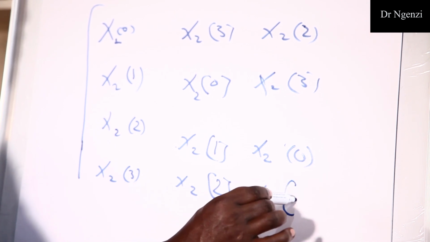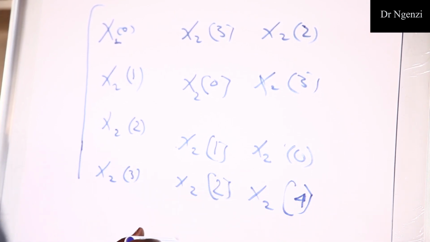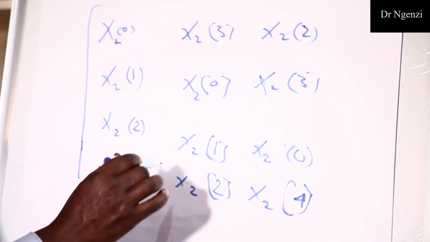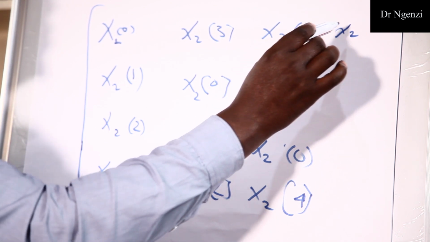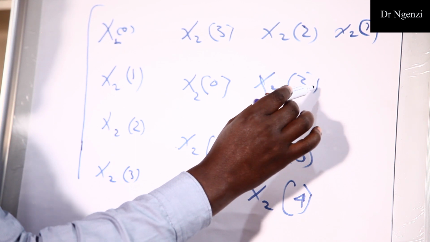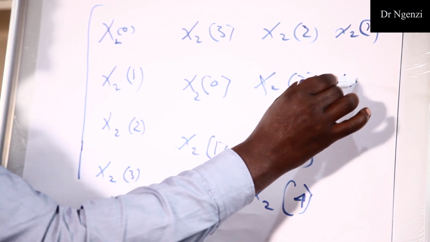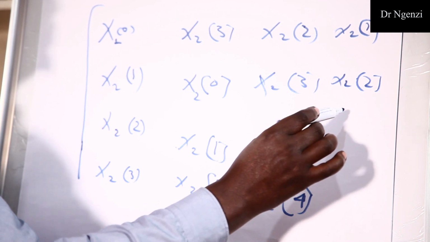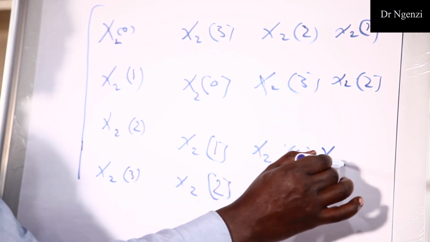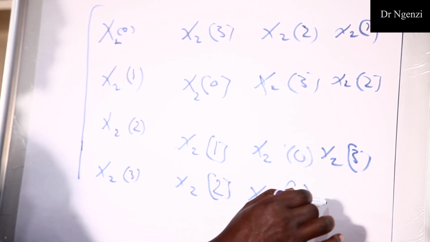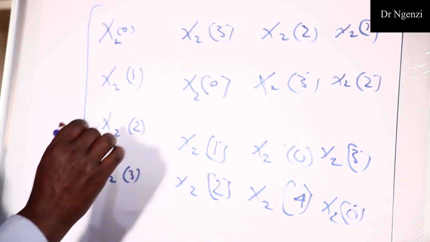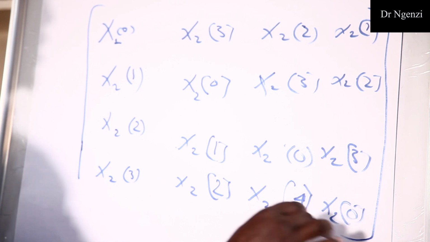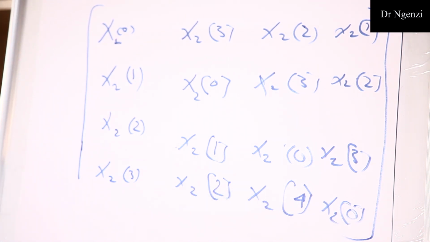And here we have X of 1. Then you put X of 2, 1, X of 2, 2, then X of 2, 3, then X of 2, 0, in this case. Remember, these ones are multiplied by the other way around.